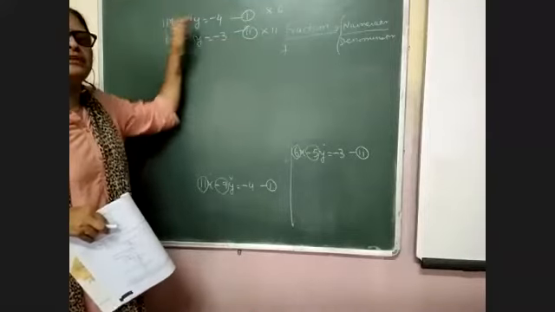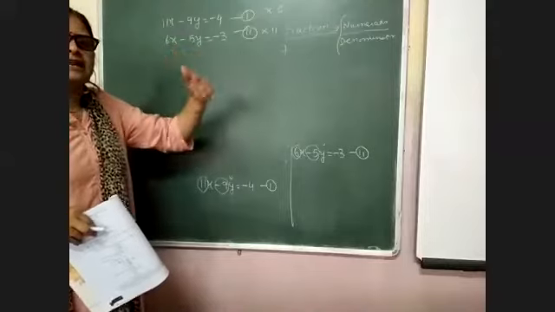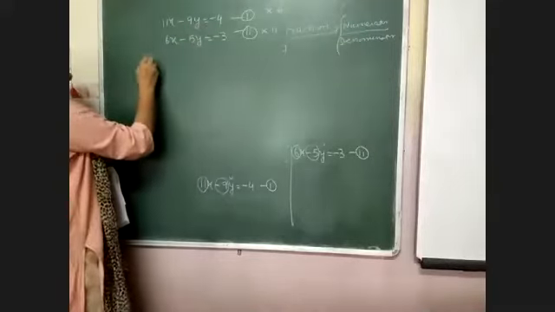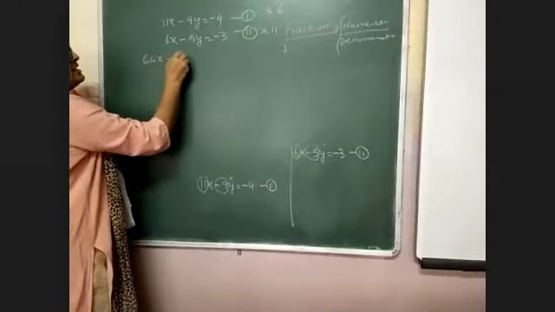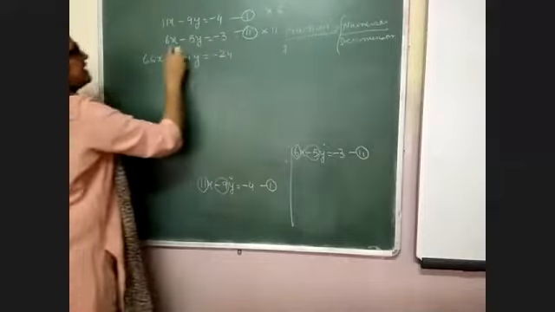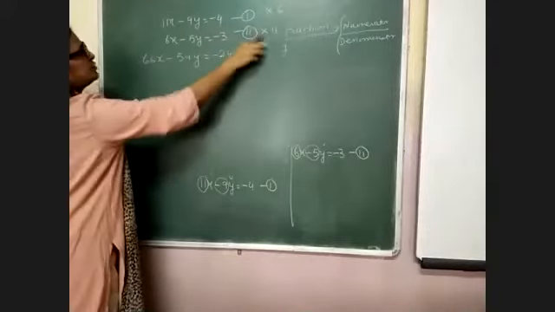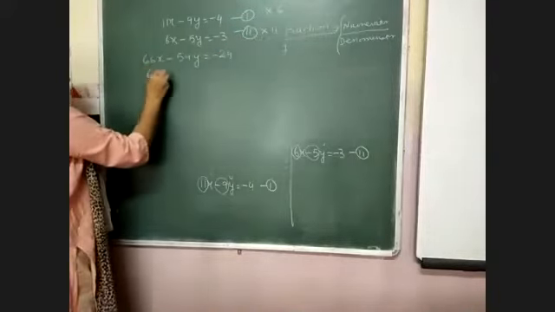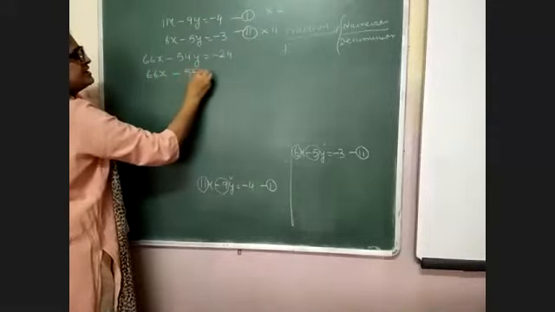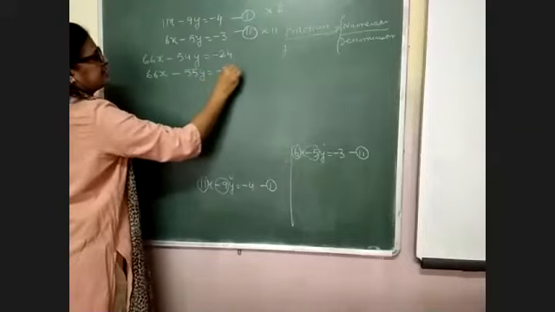So how will you subtract them? By subtracting equation 2 from 1. So 66x minus 54y equal to minus 24. And when you multiply equation 2 by 11, it becomes 66x minus 55y equal to minus 33.